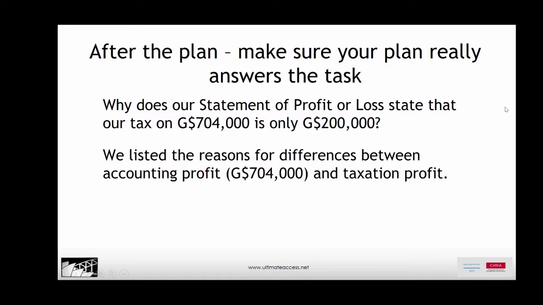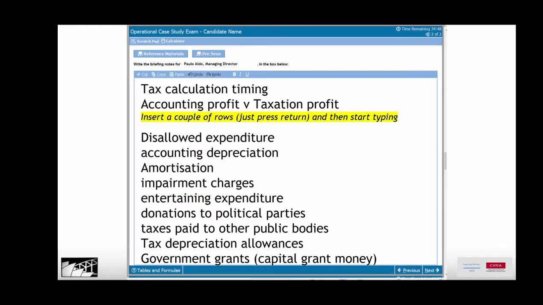And then after the plan, you go back and you check to make sure that you are really answering the task. And the task was, why does the statement of profit or loss state that our tax is only 200,000 and not 211,400? So we listed the reasons for the differences. So it looks as if our plan is matching what the task requires, so we get a tick.